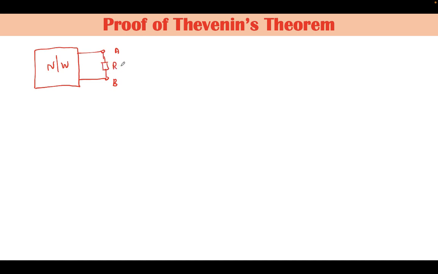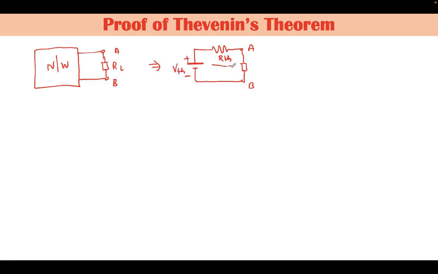that is RL. According to Thevenin's theorem, this network can be replaced by a Thevenin equivalent network, where we have a Thevenin equivalent resistance and Thevenin equivalent voltage in series across terminal A and B. This is RTH, this is VTH.